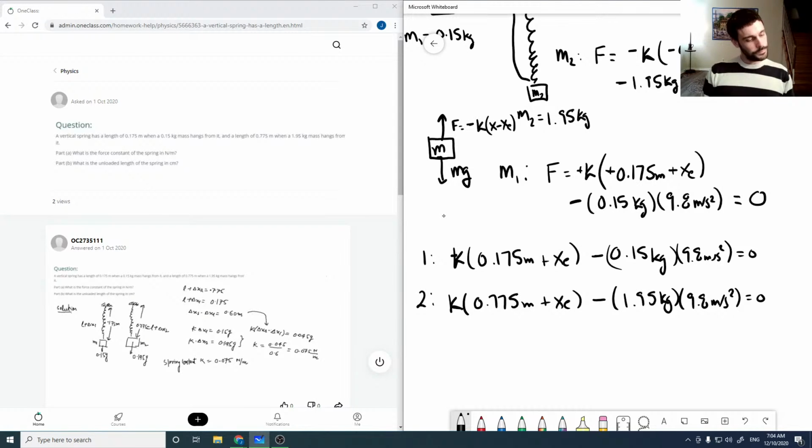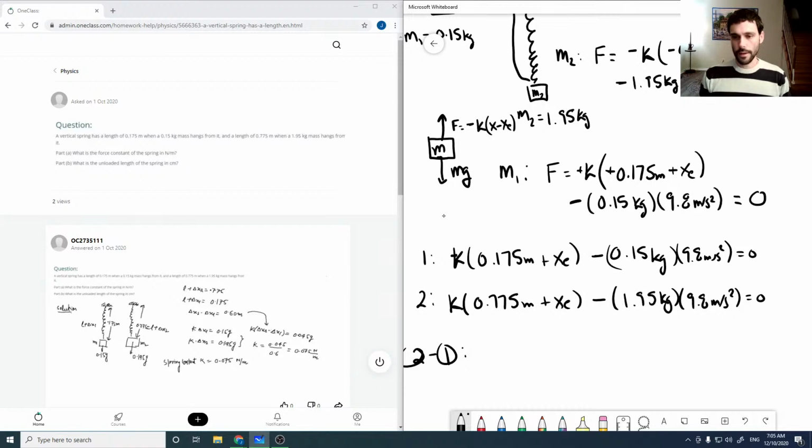And now we want to do something with these to get our force constant. So the more obvious thing here is then to say 2 minus 1. So take the second equation and subtract the first equation.